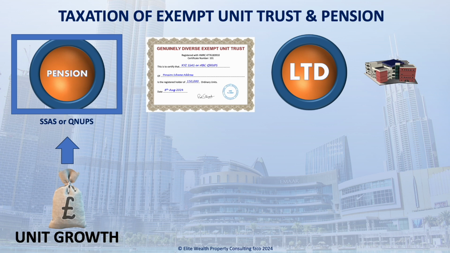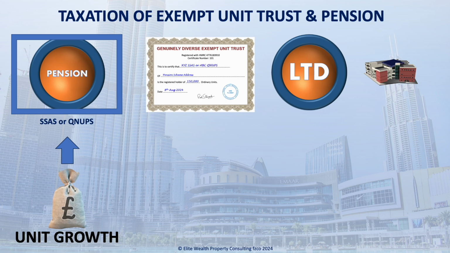So that's why and how we can end up with a structure where you can run the property investment decisions inside a limited company on behalf of the unit trust, and all of the value in all the property that you buy, in all of the rent that you receive, all of that value goes into the growth of your units inside the pension scheme, whether that's a SAS or a QNUPS.